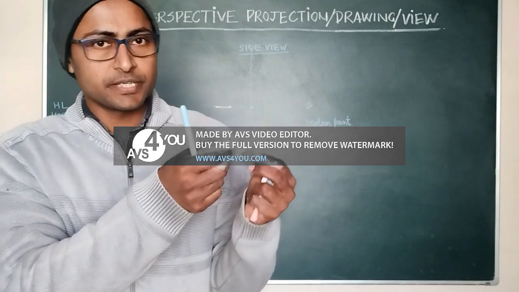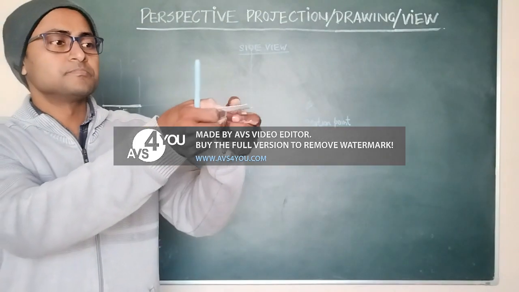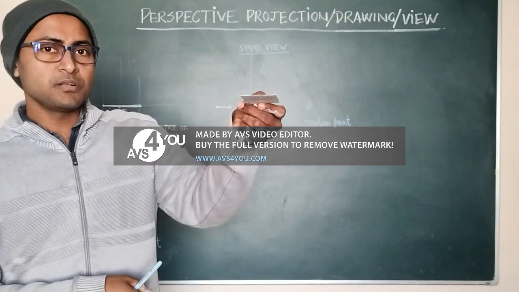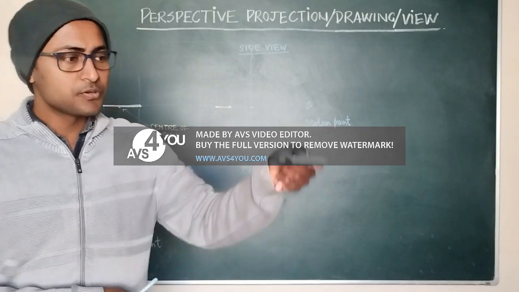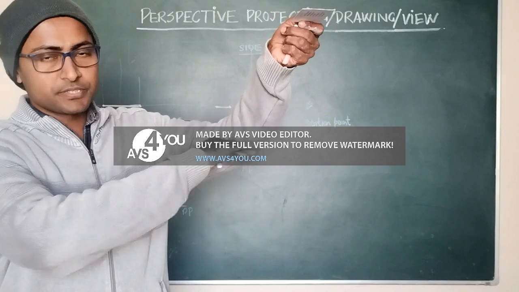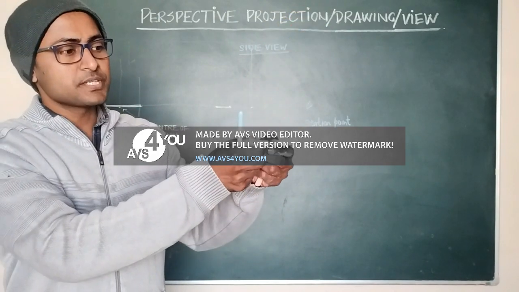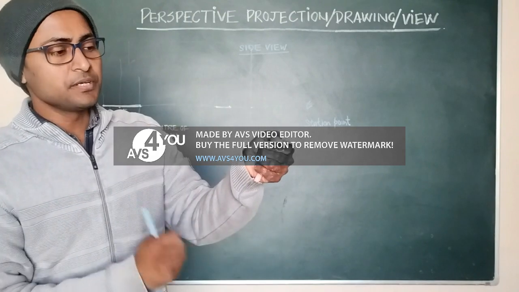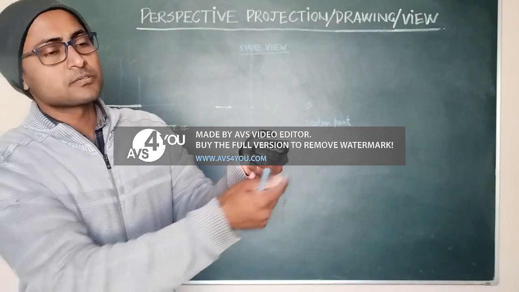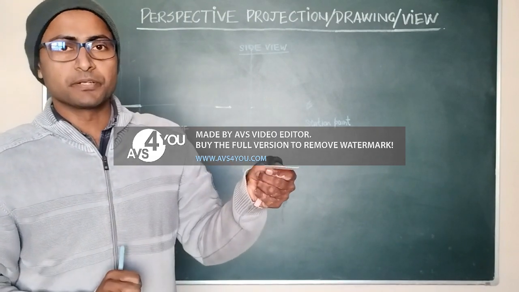Now in third case, when I am keeping this object horizontal but not at the eye level, I am keeping it somewhere here or somewhere here, not at the eye level. So in this case again, this line and this line are parallel to picture plane, but these lines are perpendicular to the picture plane.